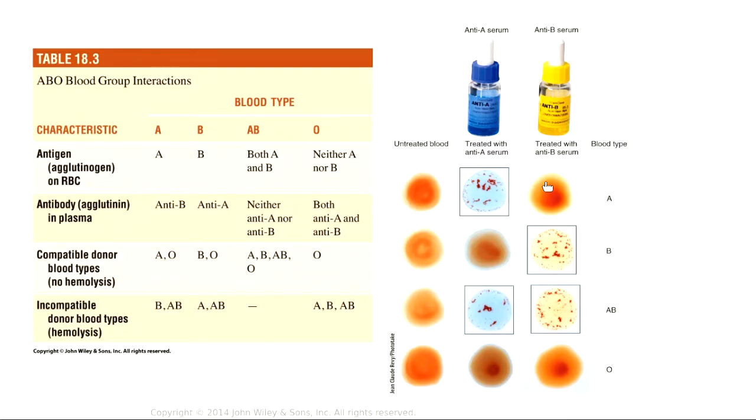One of them is anti-A and one of them is anti-B. So you have a glass slide here. You put 3 droplets of blood, and one of them is untreated. The second one is treated with anti-A, and the third one is treated with anti-B. And we wait for agglutination. Now you can see these different results which happen with different blood types.